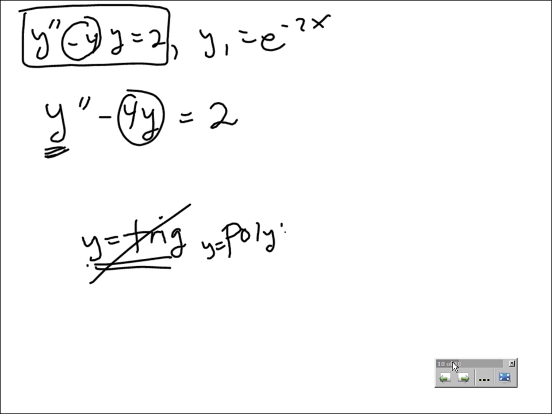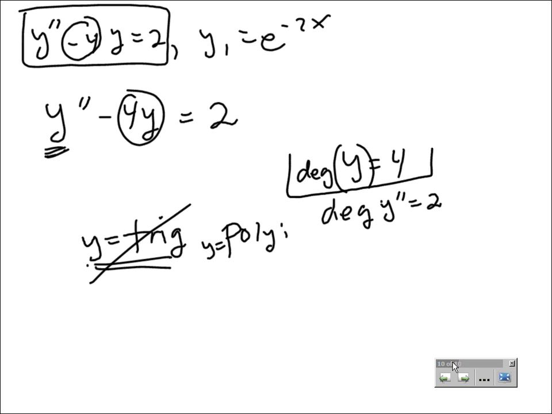If you try a polynomial, and the degree is fairly high, like if the degree of y was 4, well then the degree of y double prime would be 2. That is, this would have an x to the 4th, and this would have an x squared. Well, when you subtract, nothing's going to kill off the x to the 4th term.